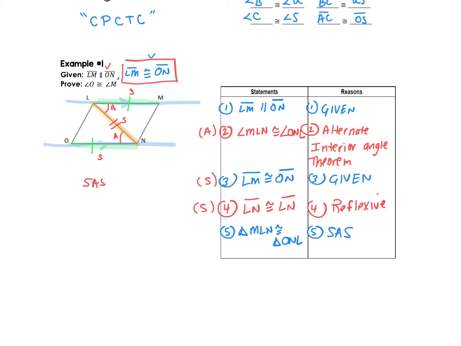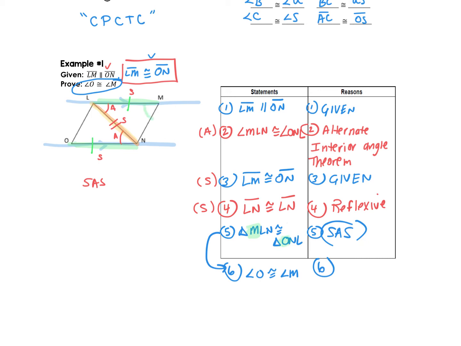Now once we have proved those triangles congruent, then we can take away other information. We get other information out of it, which is what we're trying to prove, that angle O is congruent to angle M. And notice in our little statements here about those congruent triangles, angle M comes first and angle O comes first.